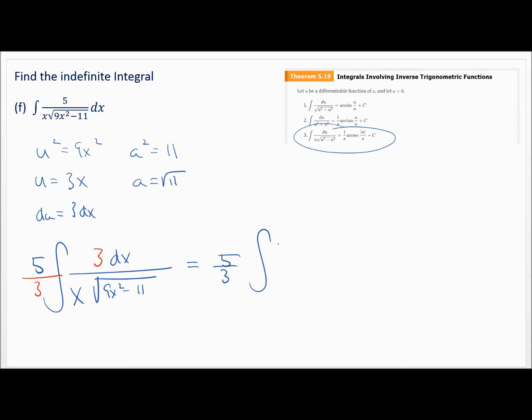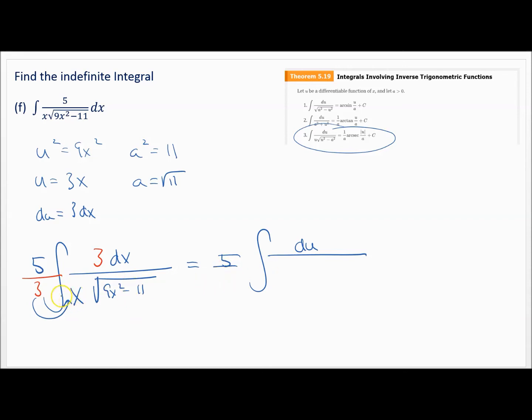Now let's do all our substitution and see if it works out. This 3 dx is du. All right, now in the denominator, notice that I'm supposed to have a u in front of my square root. What is u? U is 3x. Wait a minute. I'm supposed to have a 3x there. Hey, don't I need this 3 inside? Can I move it inside? Sure I can. So let's not have it out here.